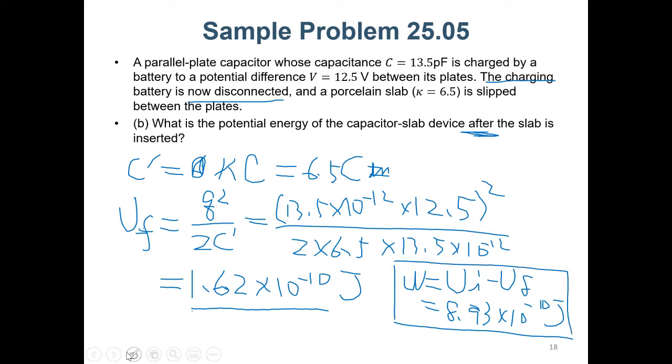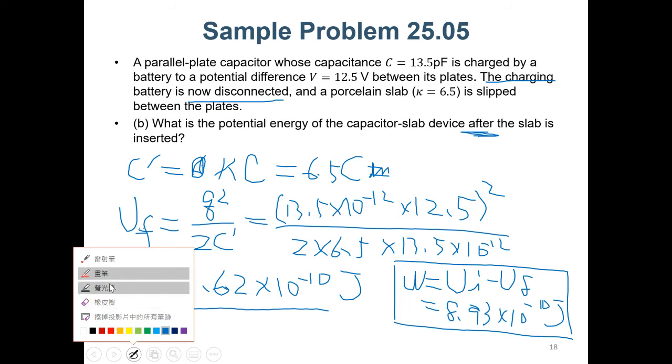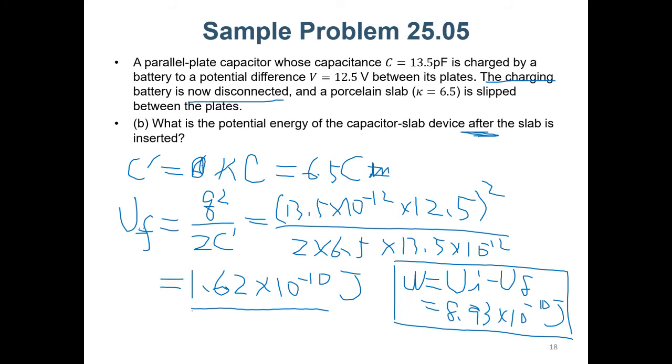Because it tells you that the slab is slipped between the plates, which means that you don't really put it inside the parallel plate. It's somehow like you put the slab close to this one, and then it slips inside.